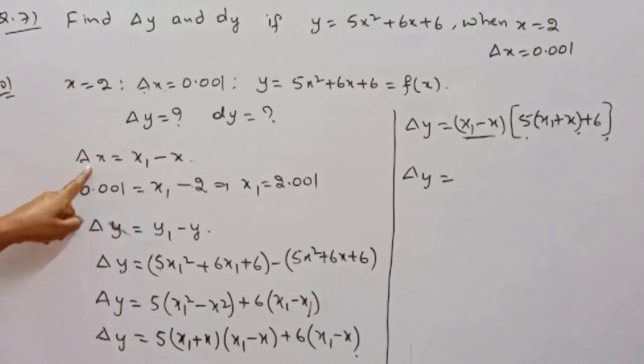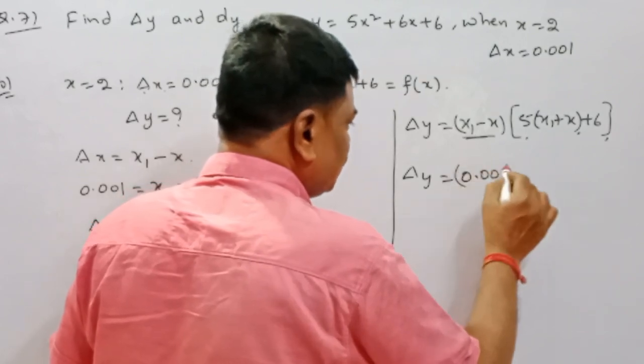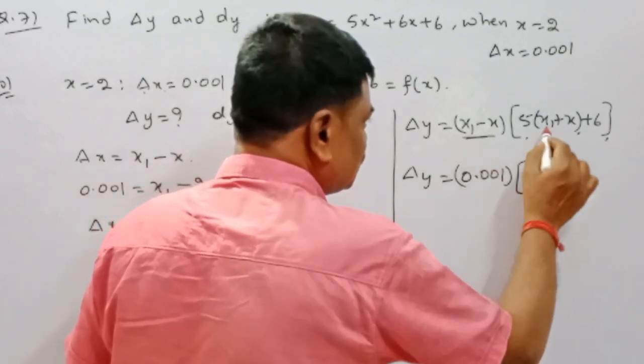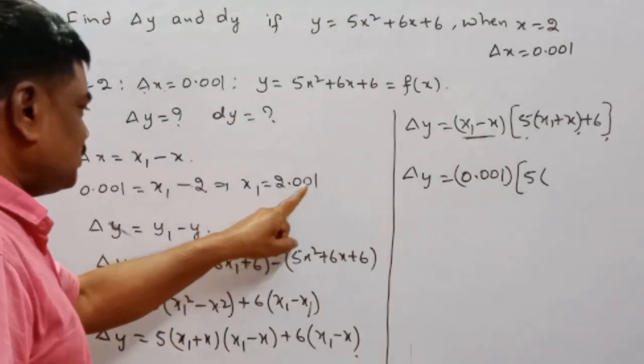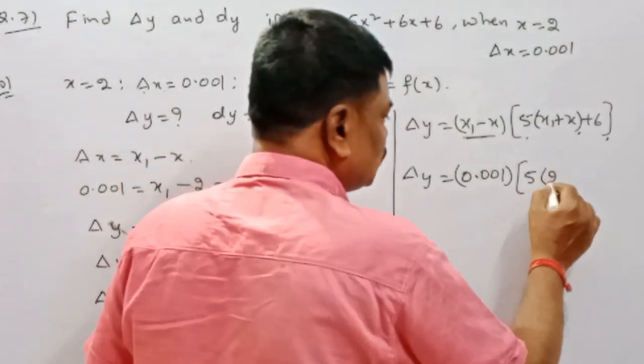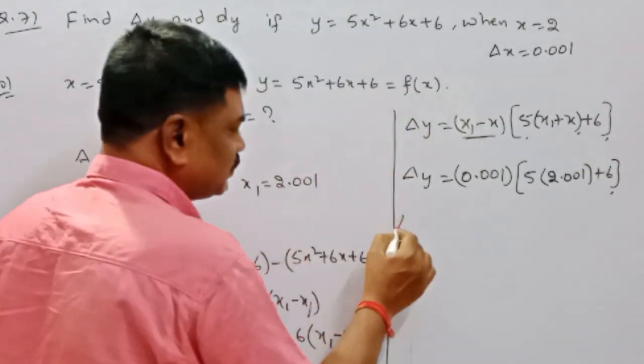It is delta x, 0.001, into 5 into (x1 plus x). Here we have to find x1 plus x. What is x1? 2.001, plus 2, plus 6. Okay, all of you.